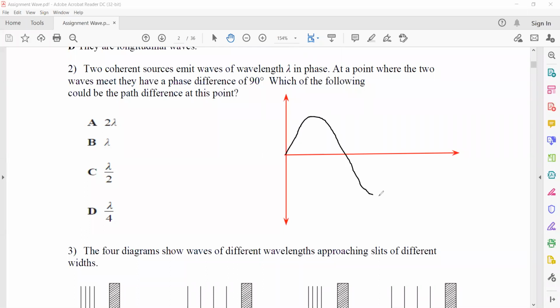This is one wave and this is another. So what is the difference in terms of path? The path difference between the two waves, in terms of wavelength. A, B, C or D.